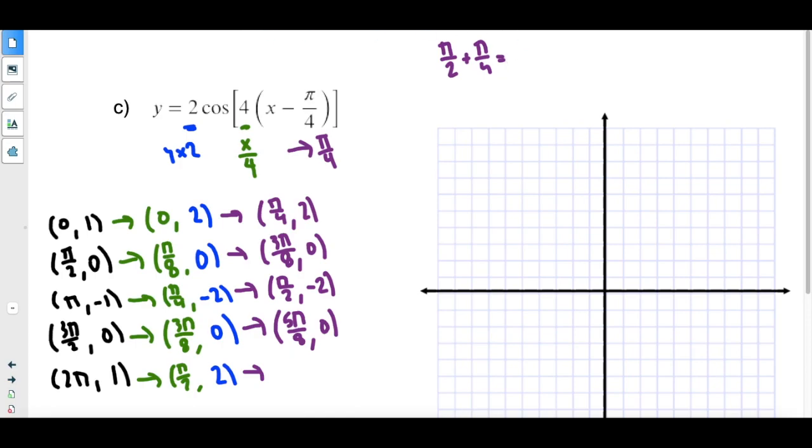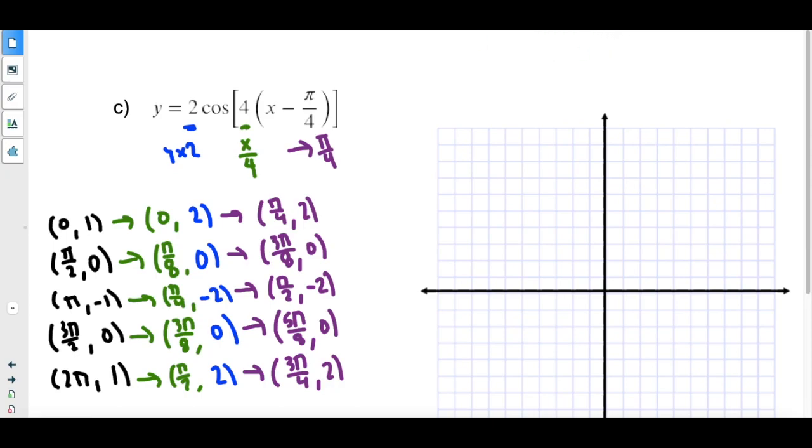If I rewrite this so it has a common denominator and add these together, I get 3 pi over 4. And there we go. Those are our new points.